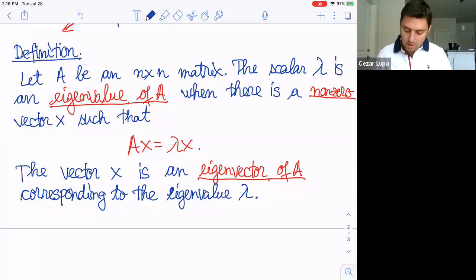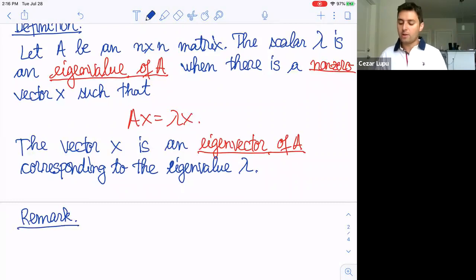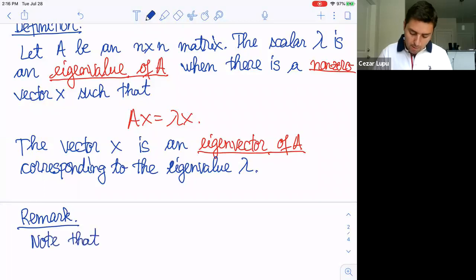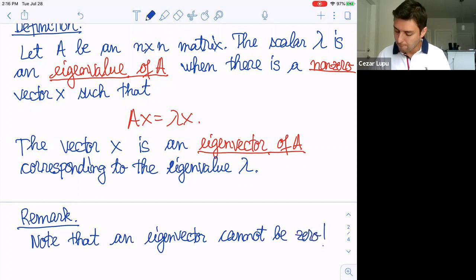So that's the definition. And now, before I go and do some examples, let me point out a remark. Since earlier I stressed that this vector has to be a non-zero vector, and like I said, this is very, very important, note that an eigenvector cannot be zero. This is important. So the eigenvector cannot be zero.